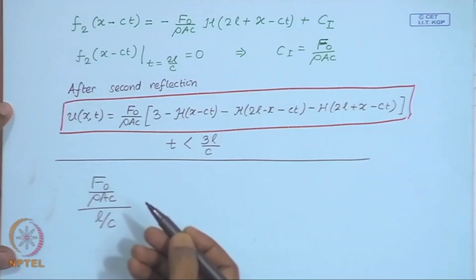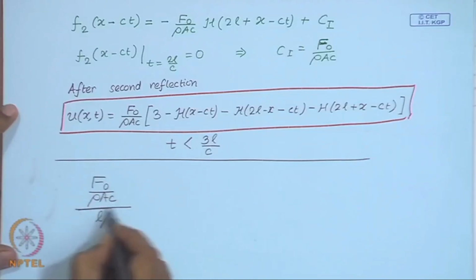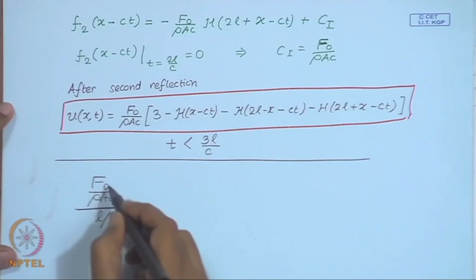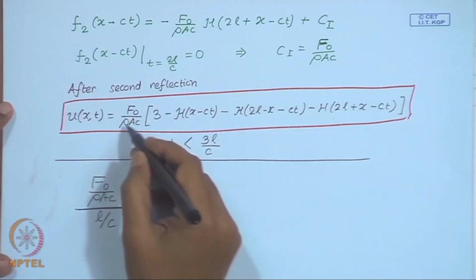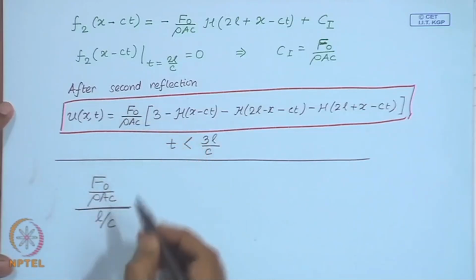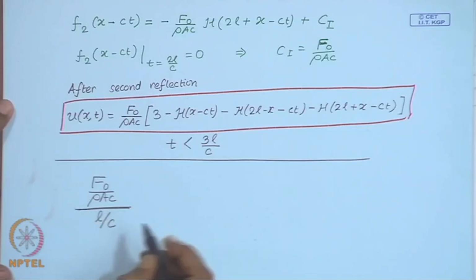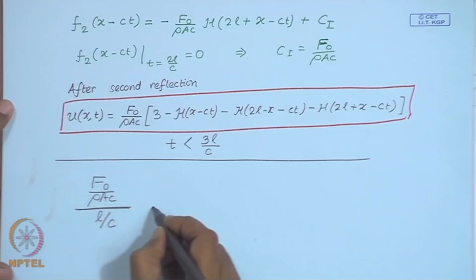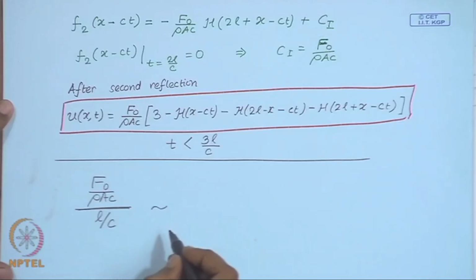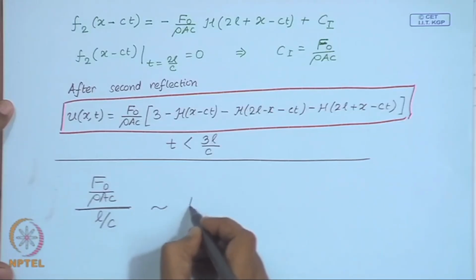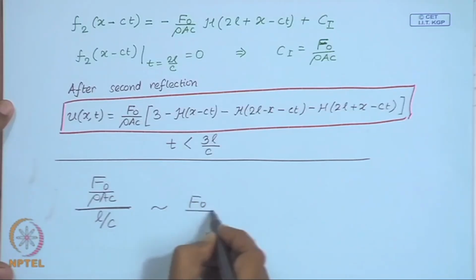If you look at these plots, you will find the distance travelled is f naught over rho A c. So, at every step you have this displacement, and the displacement takes place in this time interval. So, the average speed of the bar is f naught by rho A L.